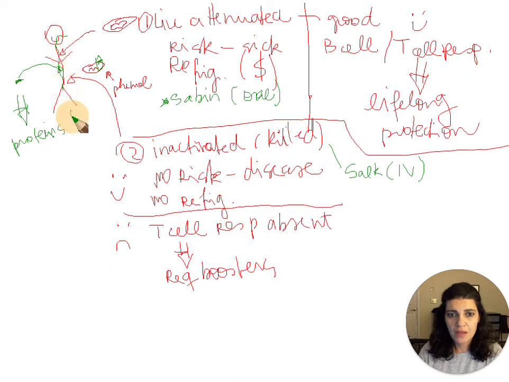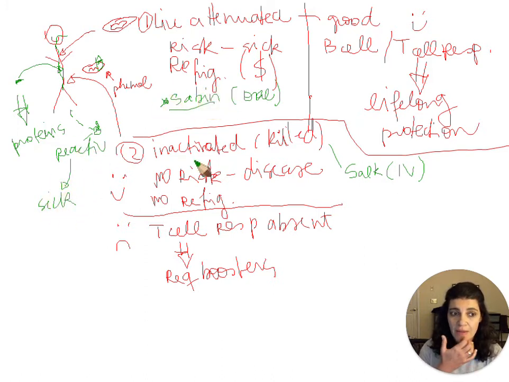And then can get out of your body through your poop. And when that happens, you can shed the microbe, and the microbe in the soil can mutate and reactivate and make somebody else sick. So it kind of contaminates the environment, and this was seen for Sabin. So that's why it's safer, even though less effective, to use the Salk.